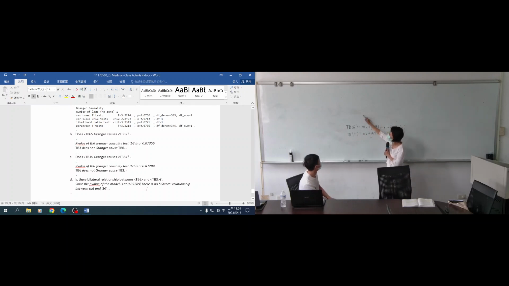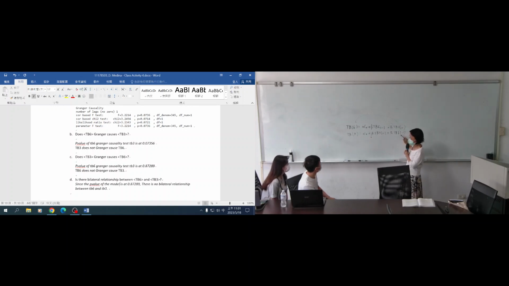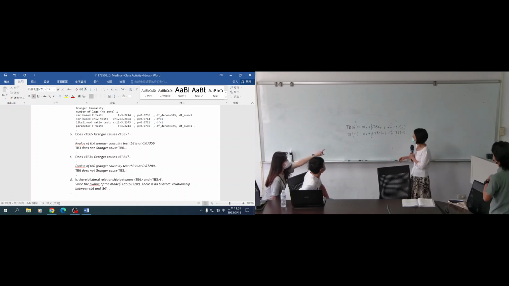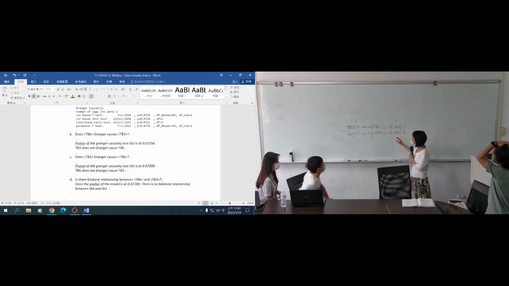If 3 to 6 is significant, this is Granger significant, this one. So this means bilateral. Yes. So it's not the whole model.